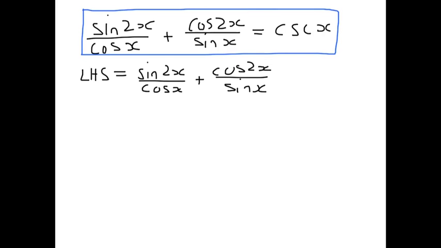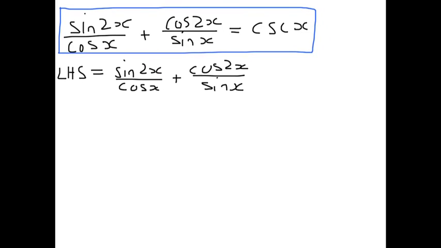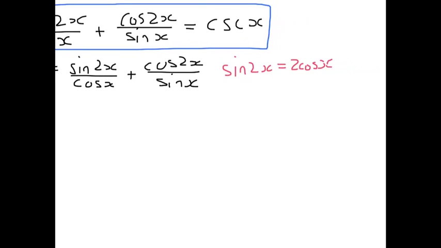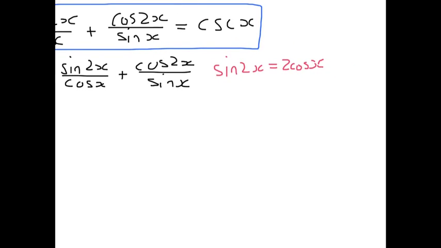I'm going to use the identity for sine 2x that says sine 2x equals 2 sine x cosine x.